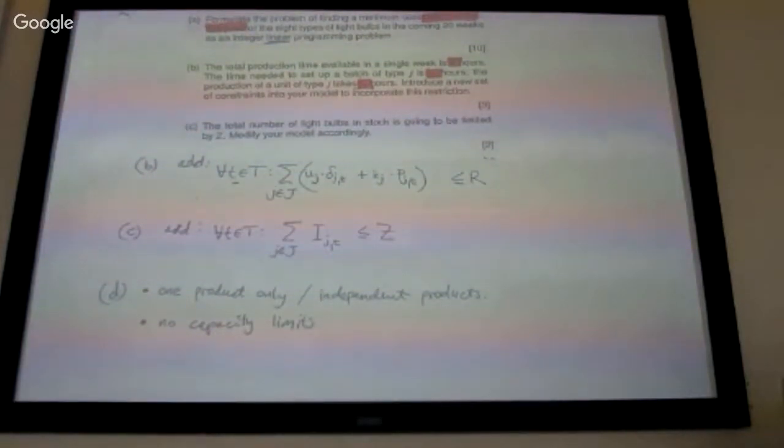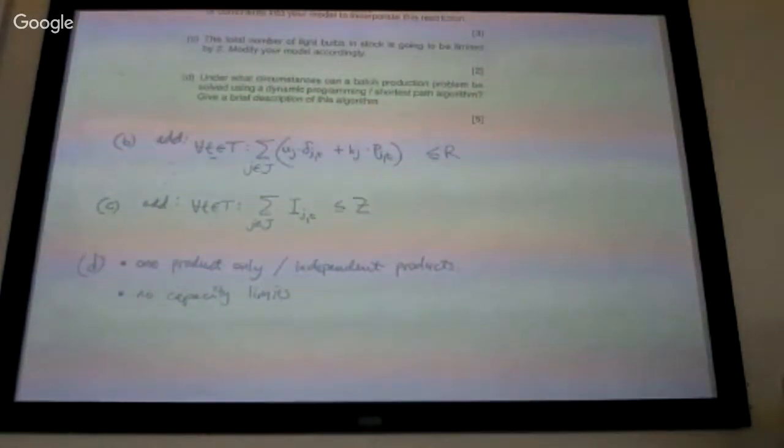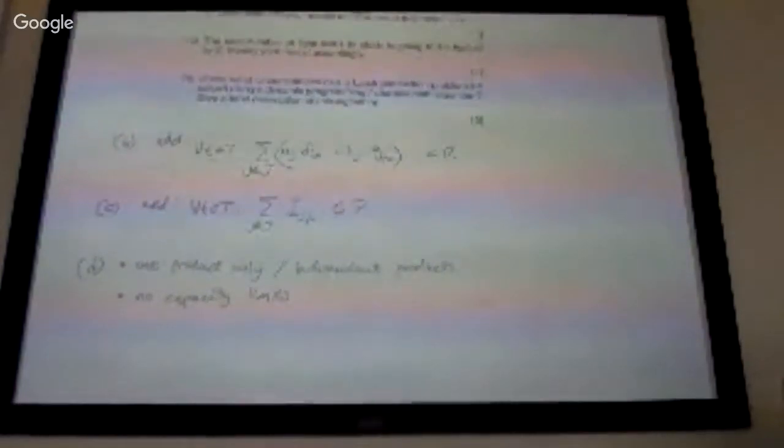And what does it ask to? Now it wants a brief description of the algorithm, which I'm not very keen to go into. That's fine. Because it's somewhere in there.